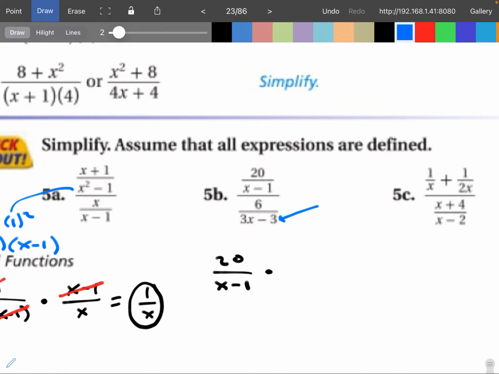There's a greatest common factor greater than 1 in that one. That would be 3. So that's going to factor into 3 times the quantity x minus 1. Like that. So now when I flip that over and multiply by it, I'm going to end up with 3 times the quantity x minus 1 over 6.